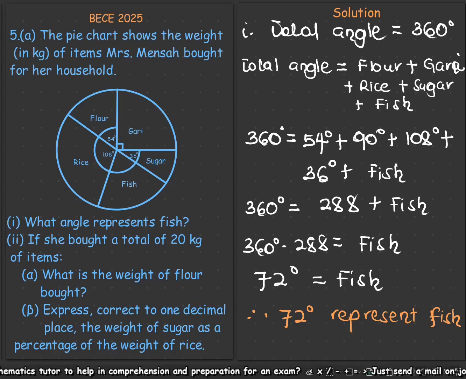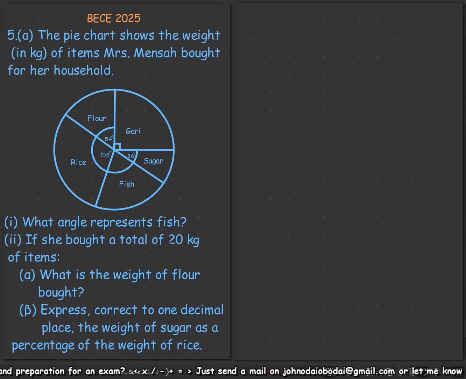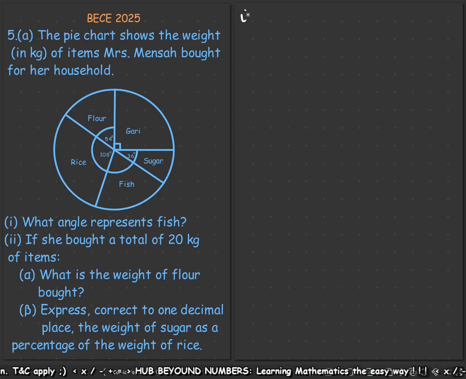Now, the second one, that is part II, says if she bought a total of 20 kilogram of items, what is the weight of flour bought? This one has to do with ratio and proportion, an application of those concepts.